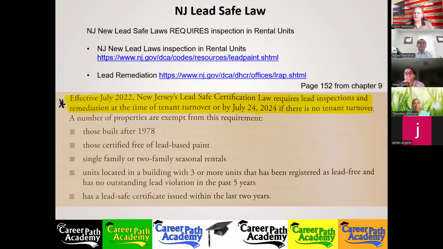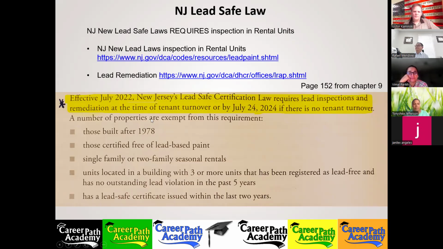It just required the owner to disclose any known lead paint or any inspections that showed lead paint hazards. This New Jersey law requires an inspection and remediation at the time of tenant turnover, or by July 24th, 2024, if there was no tenant turnover, meaning the tenants did not change, it was still the same tenants there.